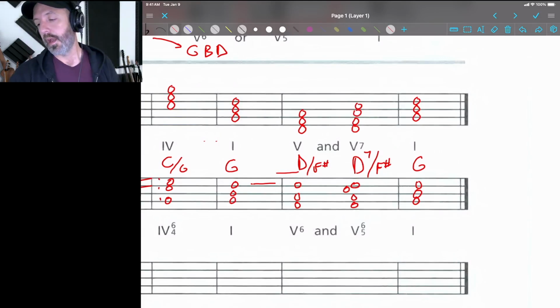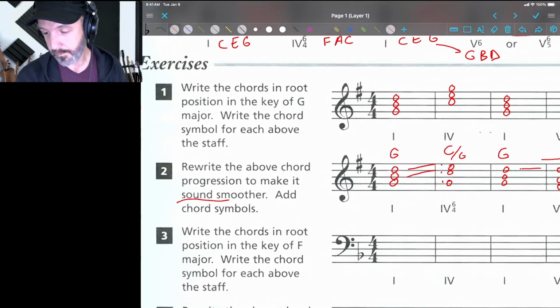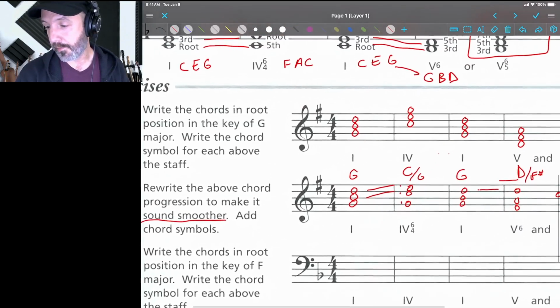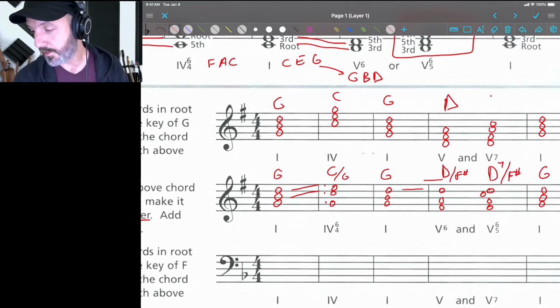All right, and then they wanted you to make it sound smoother. So sorry, did it backwards. But the good news is for these, the chord symbols are a lot easier because they are root positions. So they just give them the name. There you go.